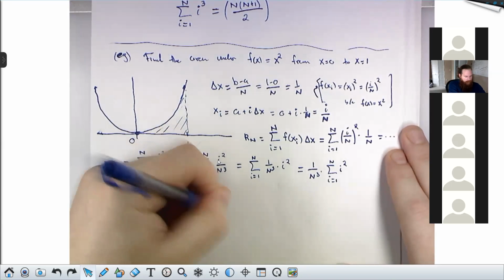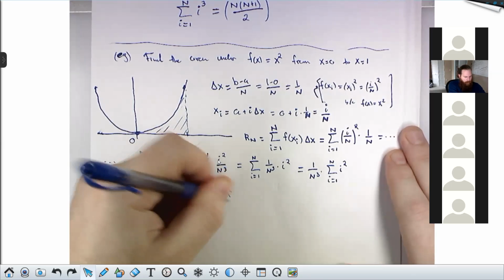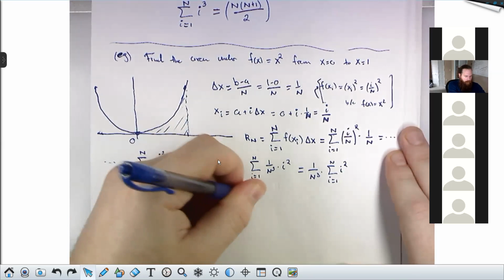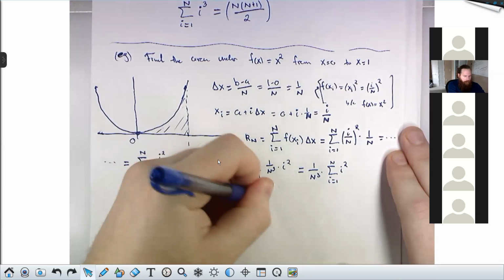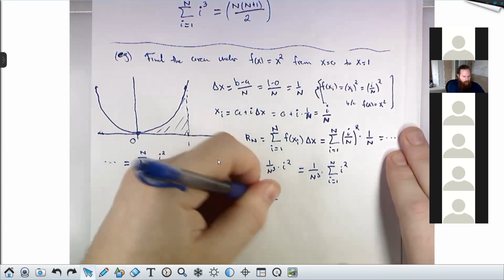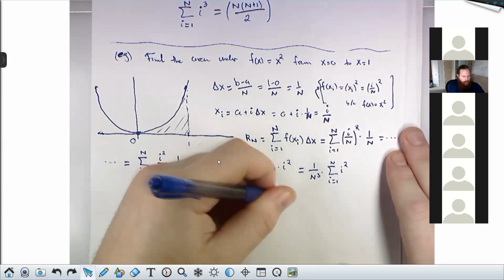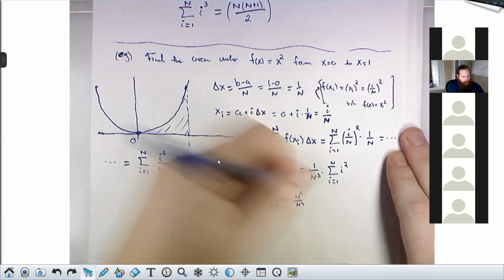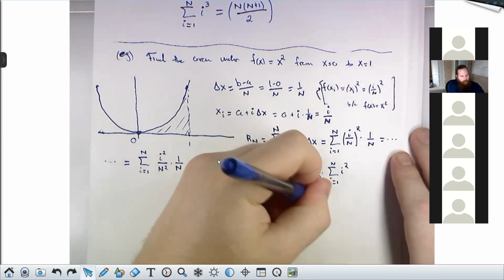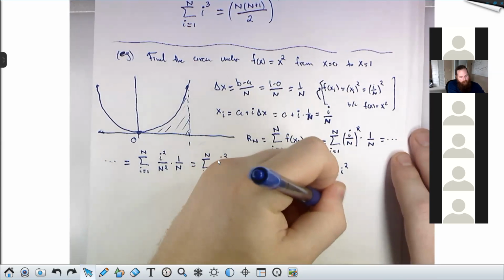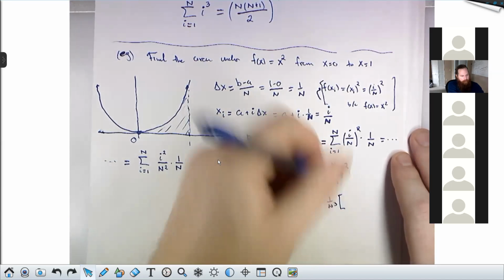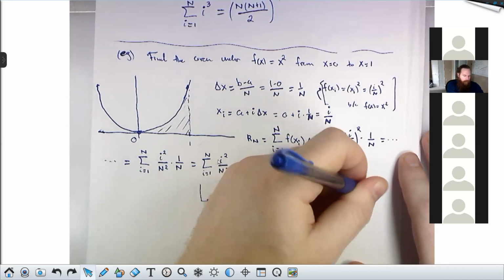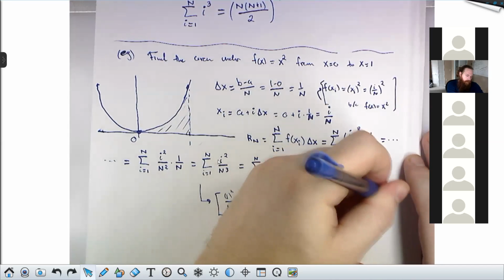So this is 1 squared over n cubed plus 2 squared over n cubed plus 3 squared over n cubed out to n squared over n cubed. So I can factor 1 over n cubed out, and what's left is 1 squared plus 2 squared plus 3 squared out to n squared.